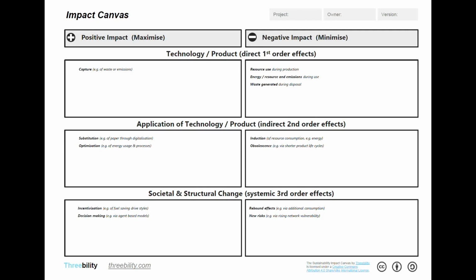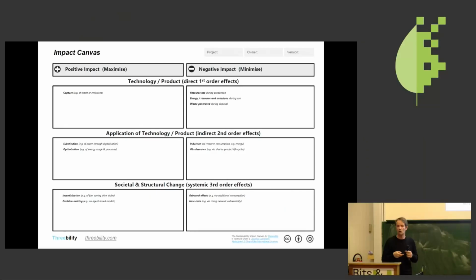So people in the area call that the Jevons paradox, when sometimes you generate a product that standalone uses less energy than the product it replaces, but because many, many more products of the same type are being produced, the total energy consumption is much higher. And also you have the third level, the societal impact, where it comes about changing of behavior through, for example, nudging.